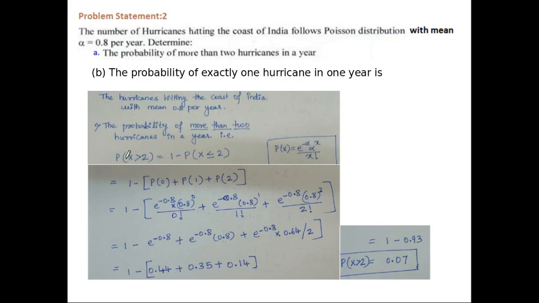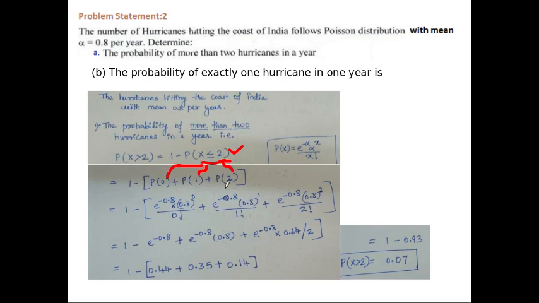The probability of more than 2 hurricanes in a year can be computed as 1 minus the probability of x less than or equal to 2, that is, the number of hurricanes less than or equal to 2. First, we calculate the probability of hurricanes less than or equal to 2, which is the probability of 0 hurricanes, 1 hurricane, and 2 hurricanes.